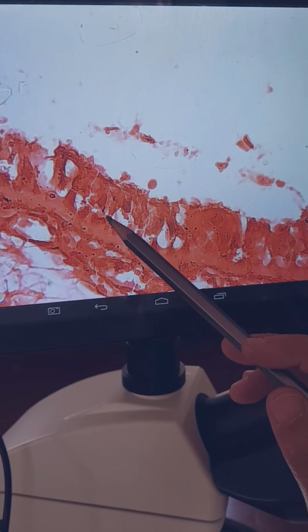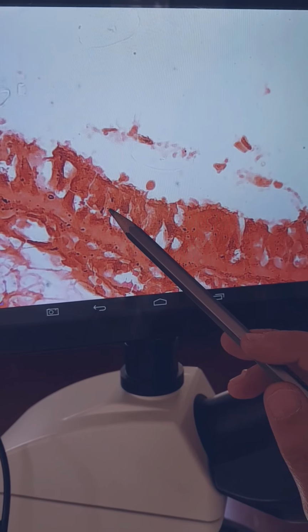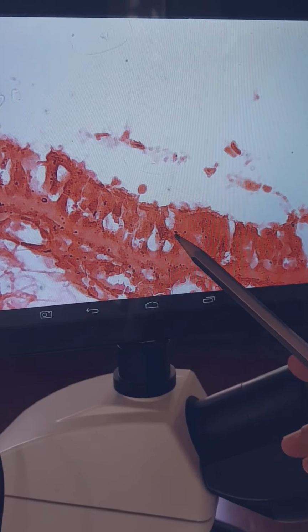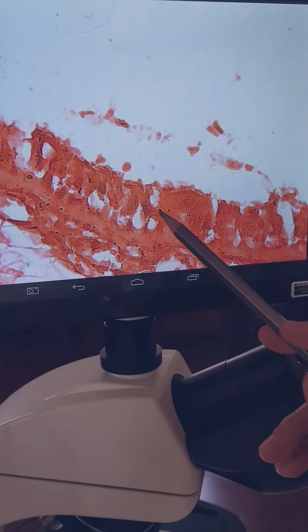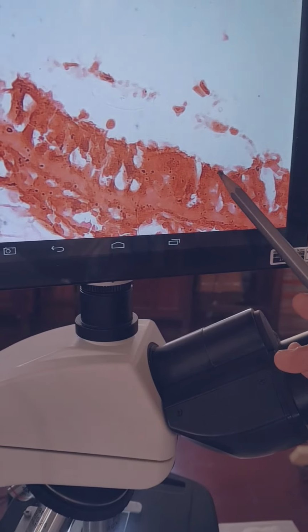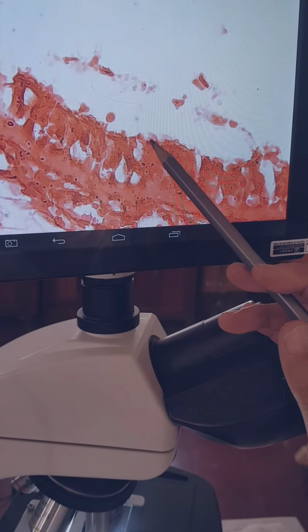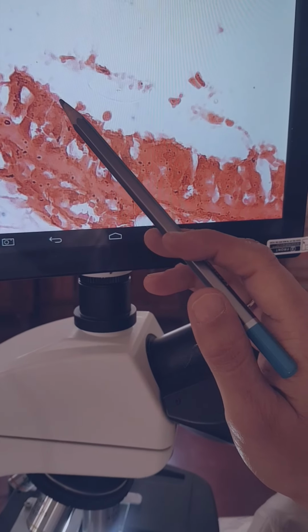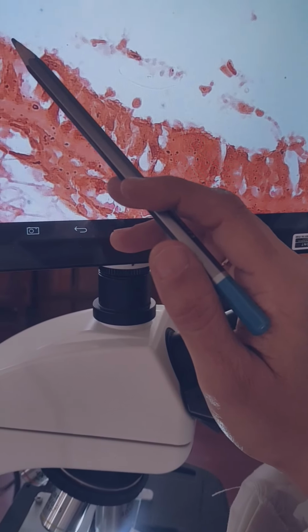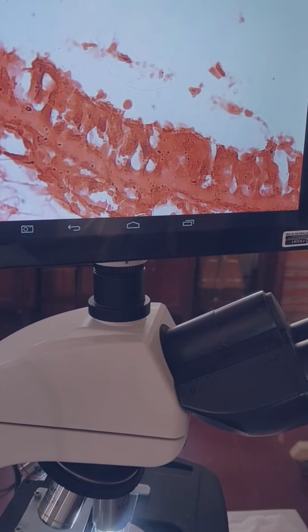It is a single layer. Due to placement of nuclei at different levels, it gives an impression of stratification. That's why this epithelium is called pseudostratified columnar epithelium. Also, these are bearing cilia. Cilia are meant for passing mucus-coated foreign particles towards the pharynx.